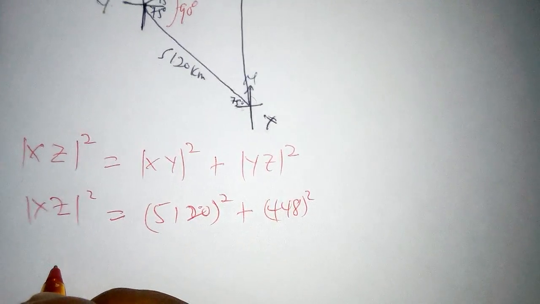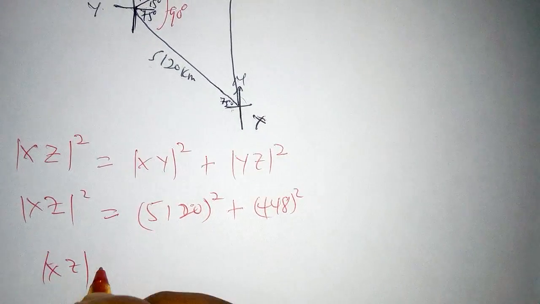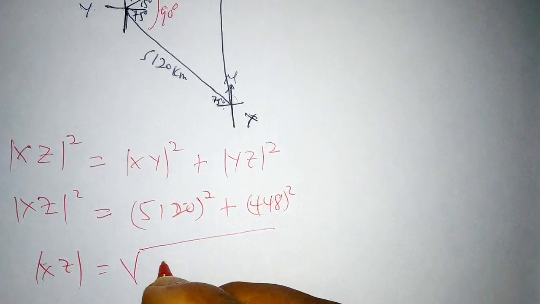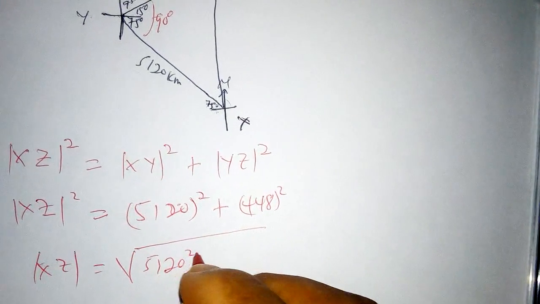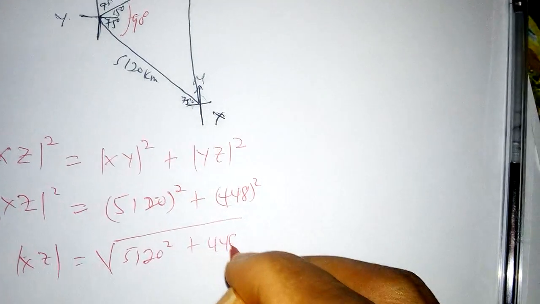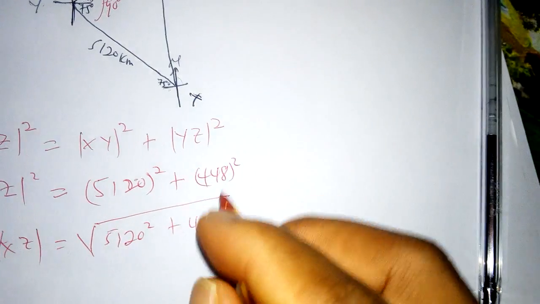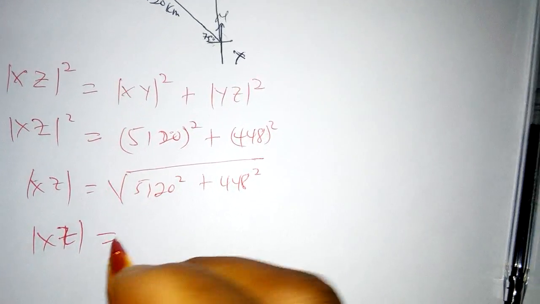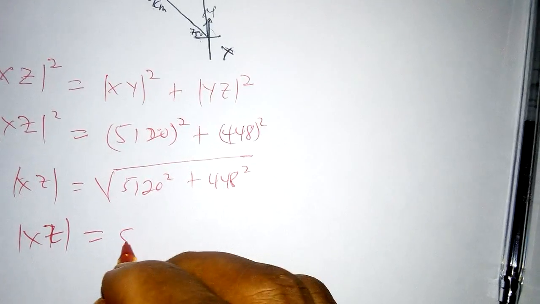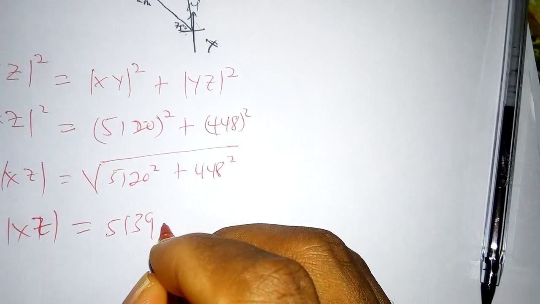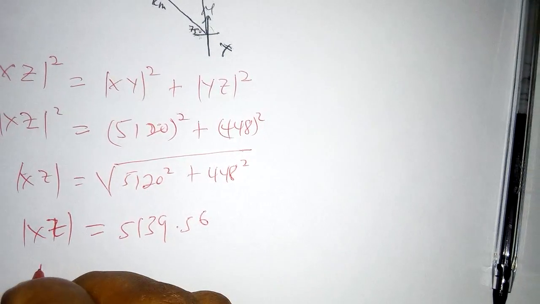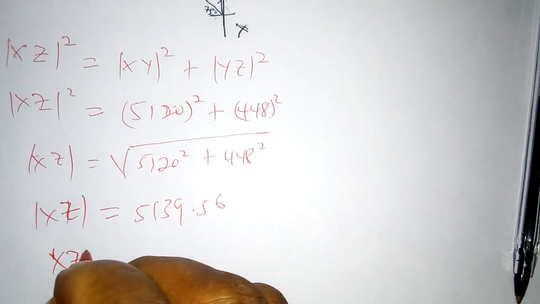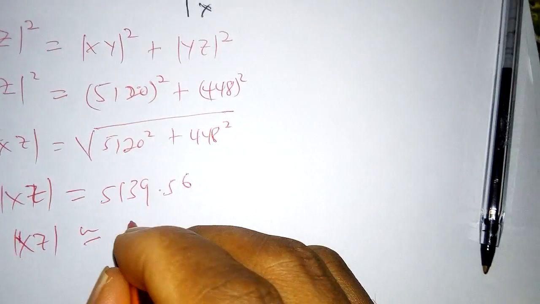If I remove the squares, XZ is equal to the square root of 5120 squared plus 448 squared. If I count that on my calculator, that gives me XZ equal to 5139.56.